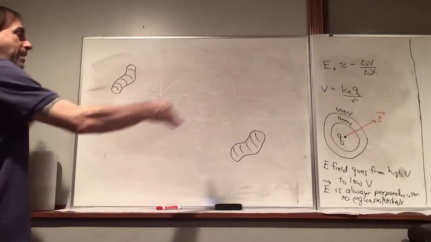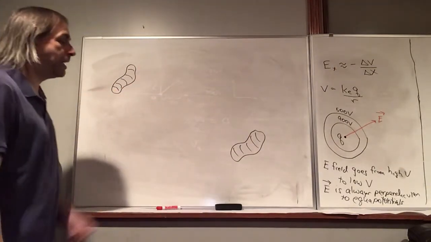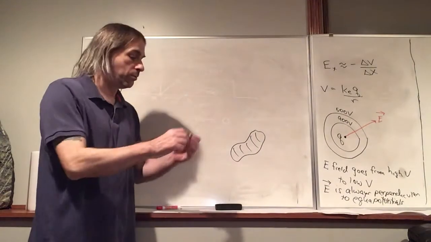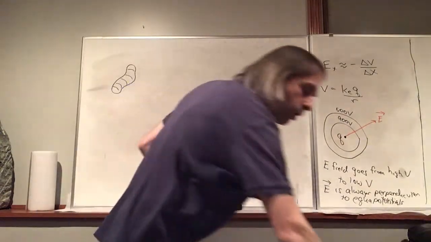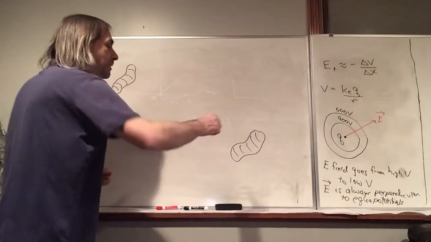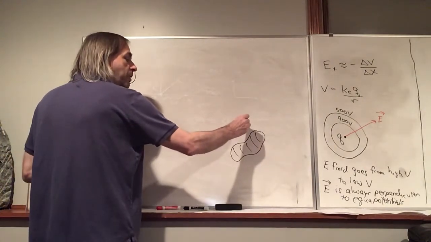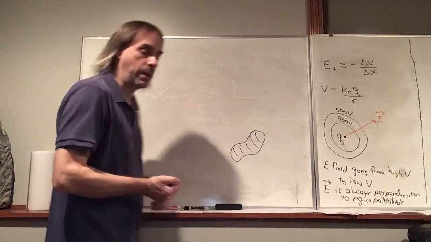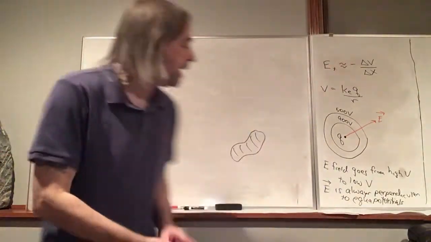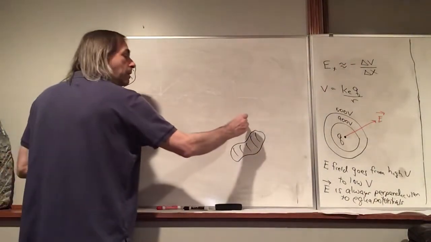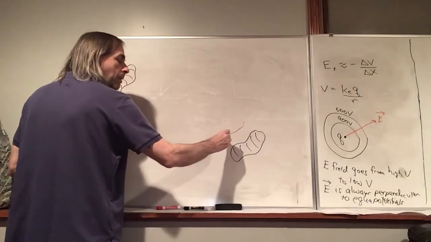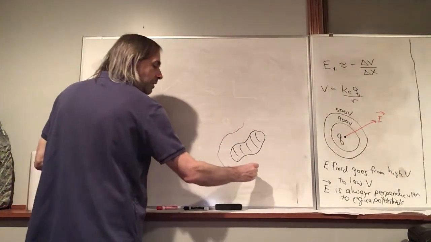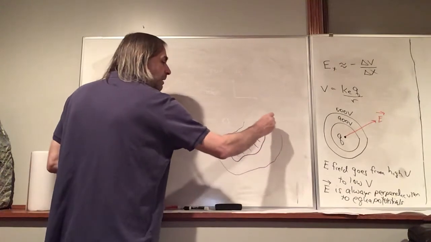In theory, we could calculate what the equipotential would look like. I'm going to try and draw some equipotential lines. And it's very unfortunate that we're not actually in class, because we can do a lab where we can create pictures like this experimentally. But I'll draw some equipotentials, say in purple.